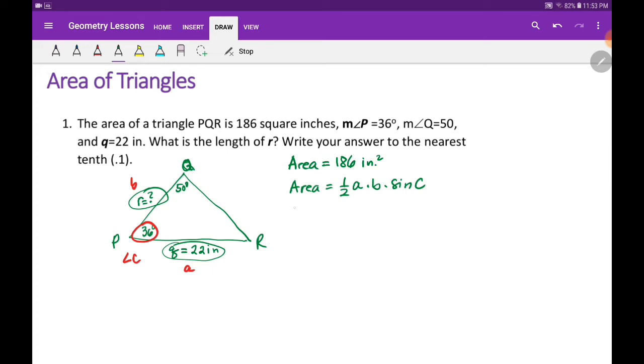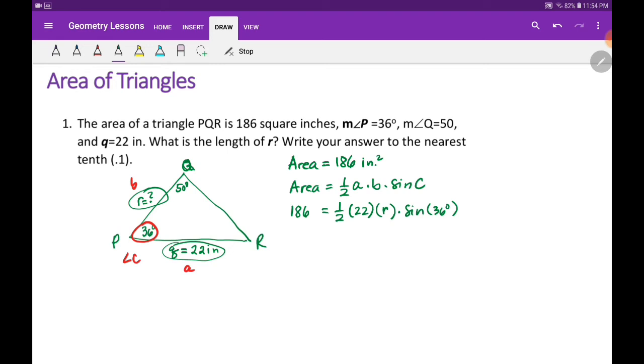So let's put that in. It's going to be 186 is equal to 1/2 times, we say that a is 22, times 22 times, well, b we don't know, that's r, times sine, the measure of angle C is 36 degrees.